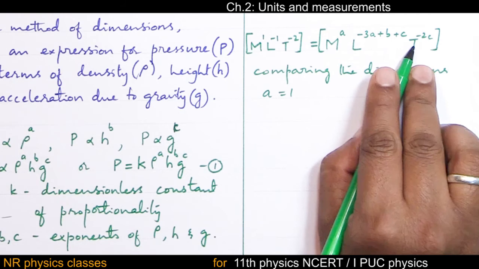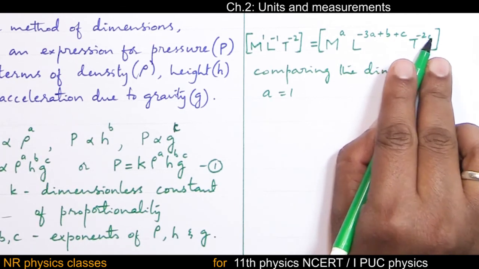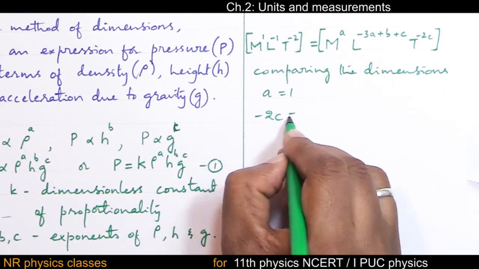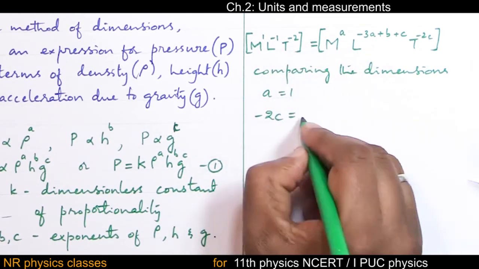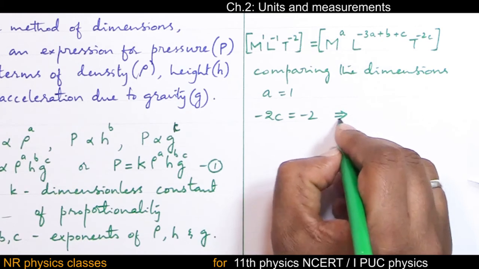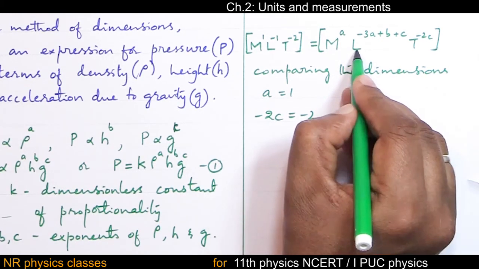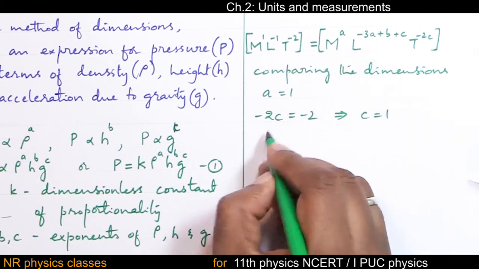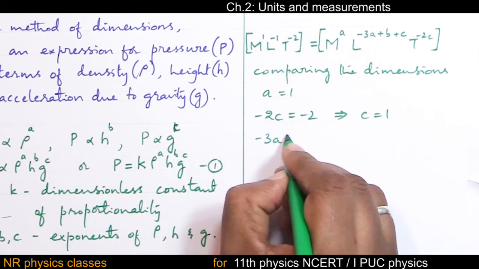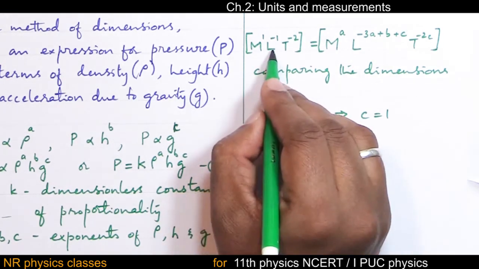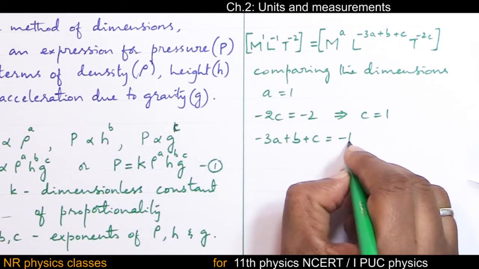Next, consider time. Minus 2C equal to minus 2. This implies that C equal to 1. Now L power minus 3A plus B plus C equal to L power minus 1.